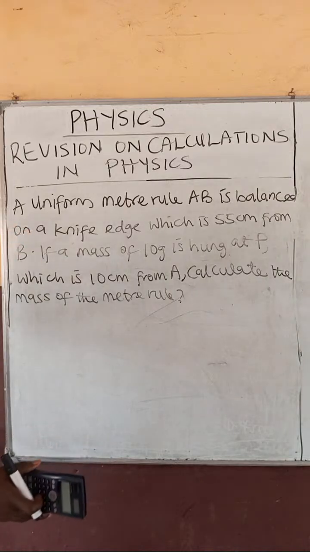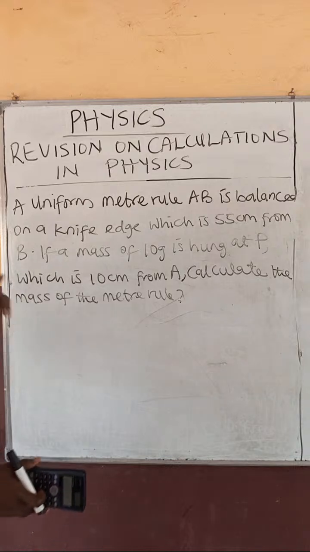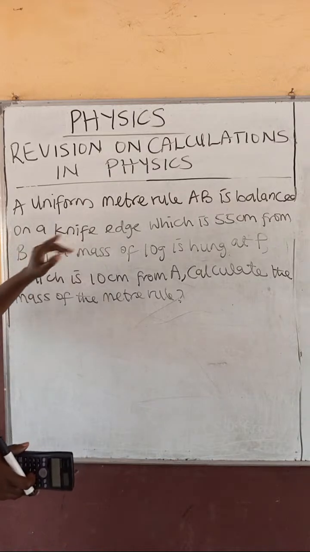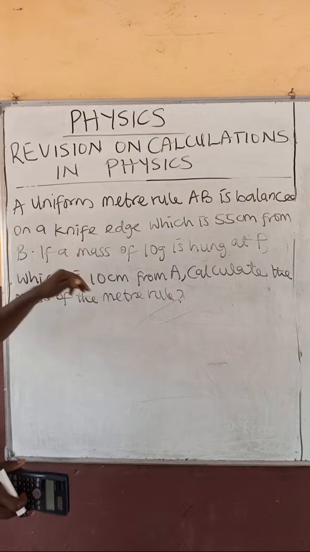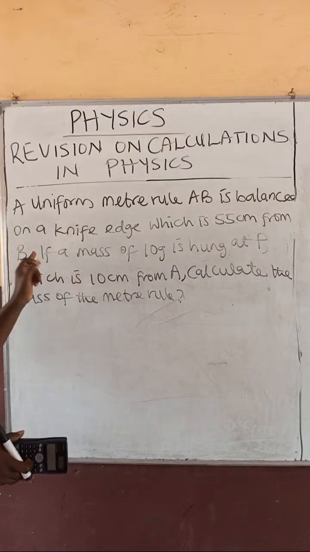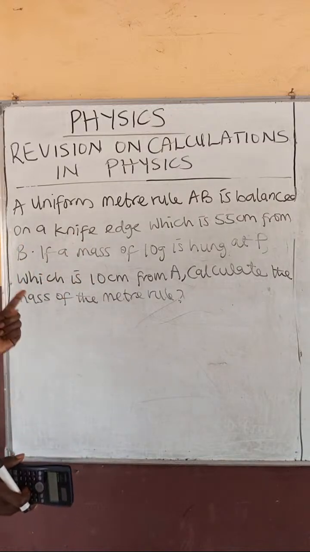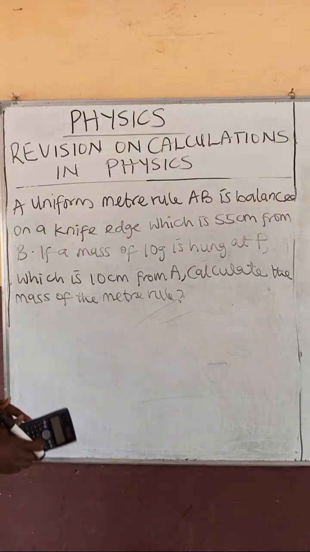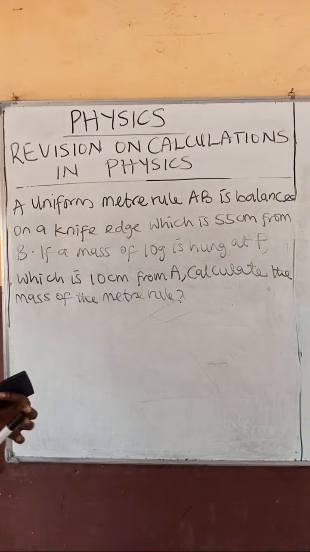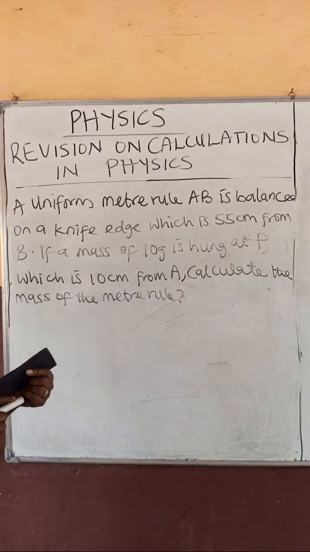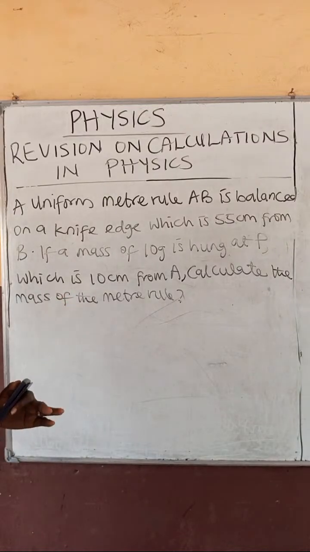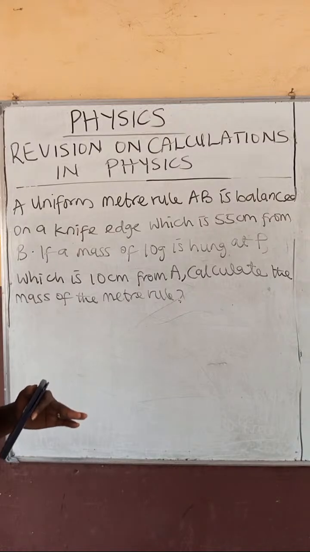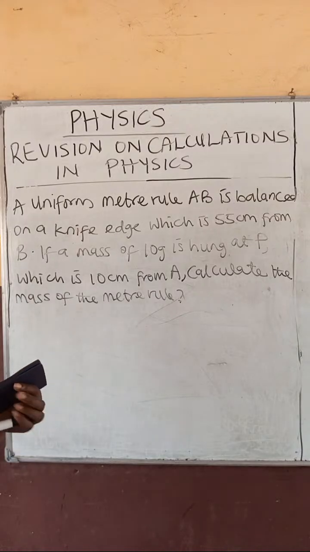A uniform meter rule, AB, is balanced on a knife edge, which is 55 cm from B. If a mass of 10 grams is hung at P, which is 10 cm from A, calculate the mass of the meter rule. Now, before we can think of solving this, we have to sketch the diagram.